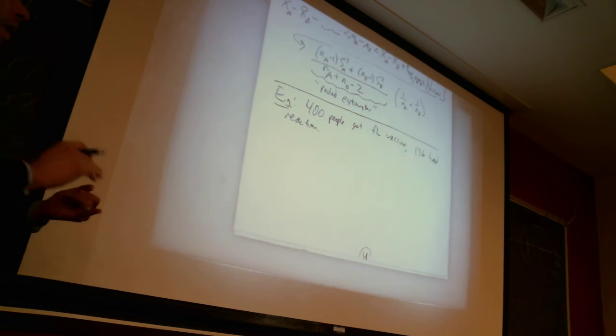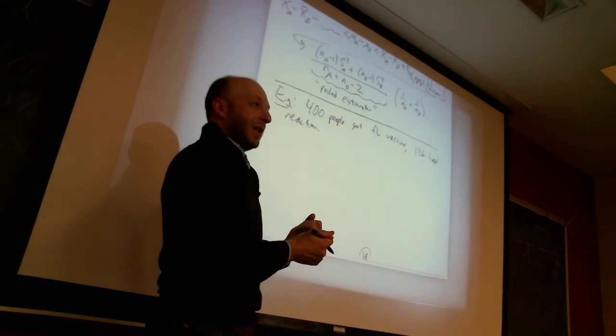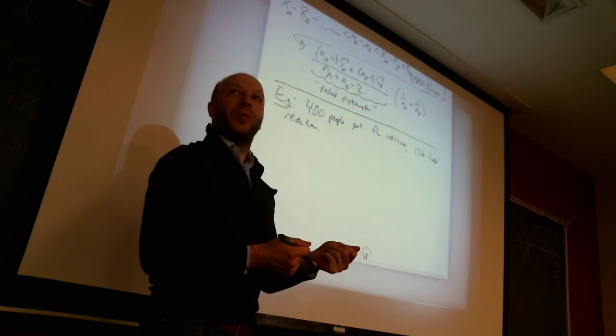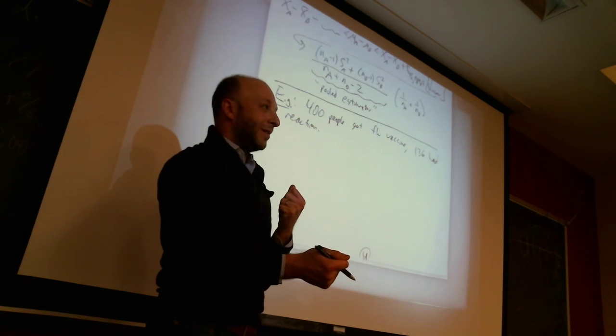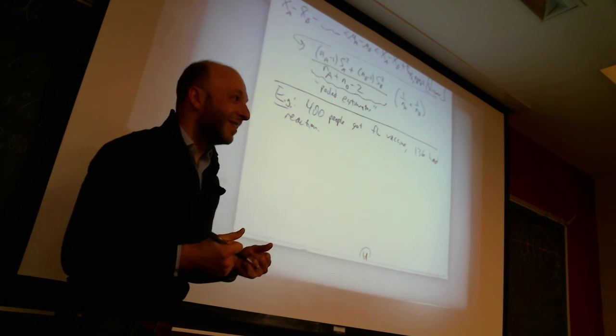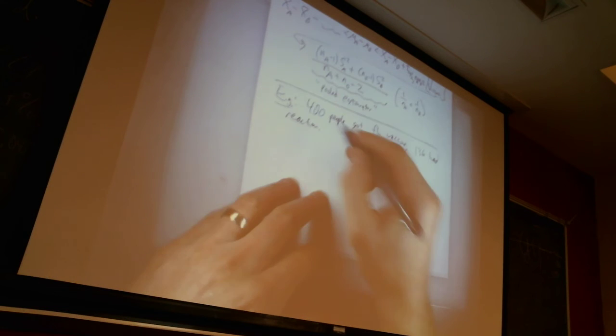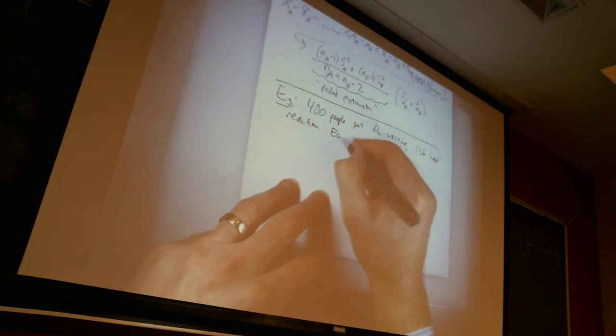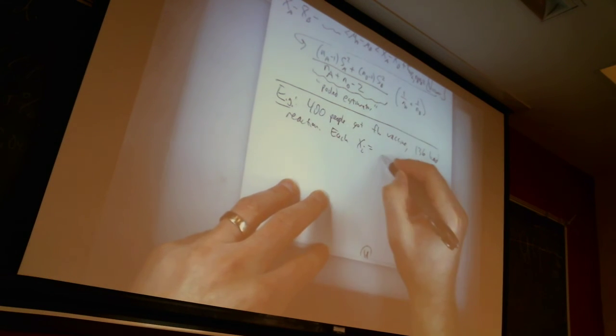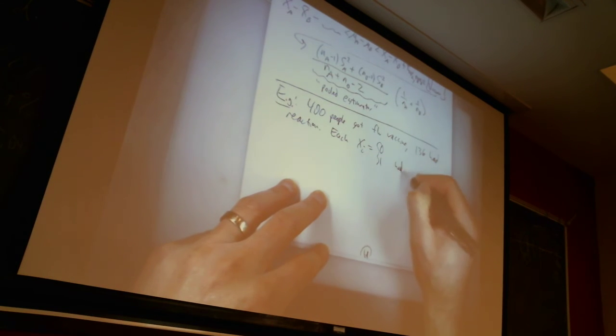So what is that? Whether or not you get a reaction is a 0 or 1 variable. That's a, what was it? Bernoulli, yep. So each xi is 0 or 1, whether you had a reaction or not. This is a Bernoulli trial.